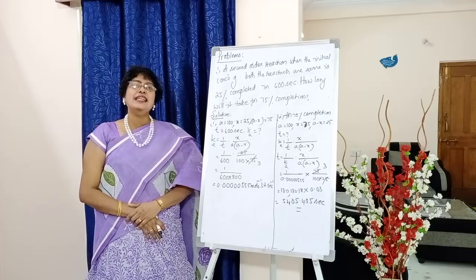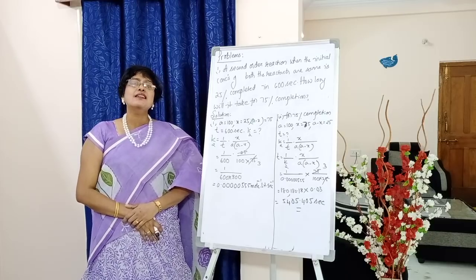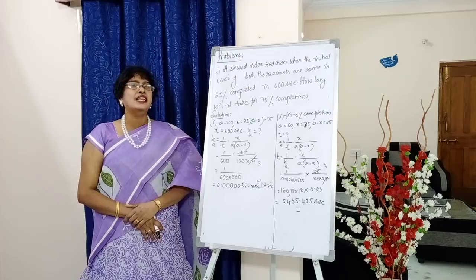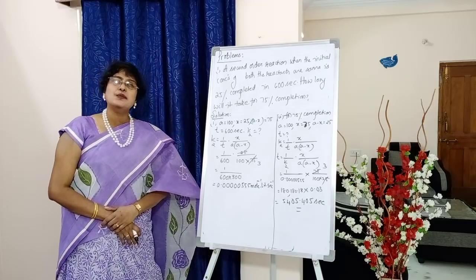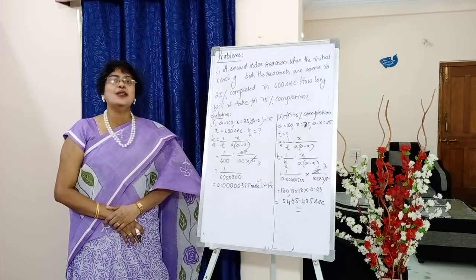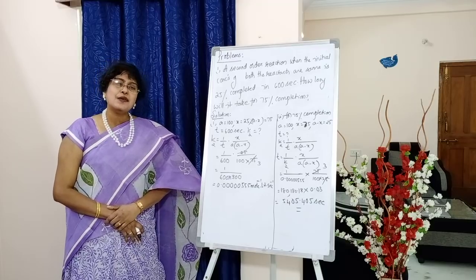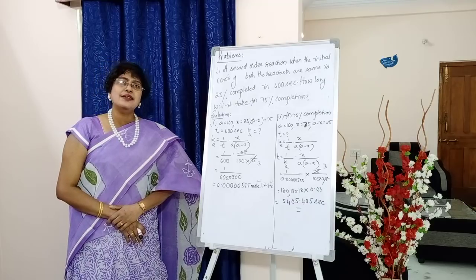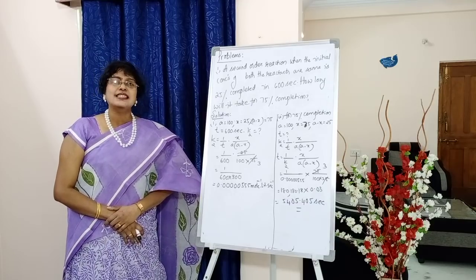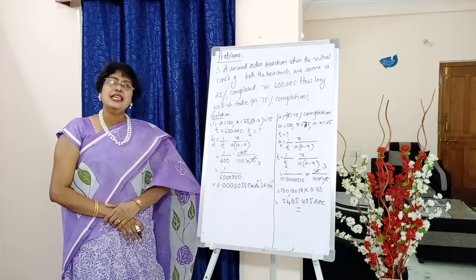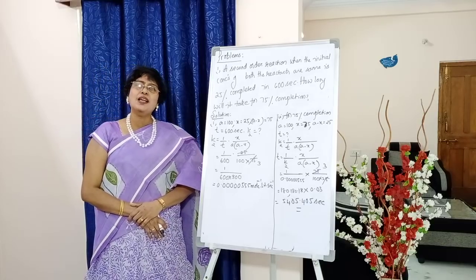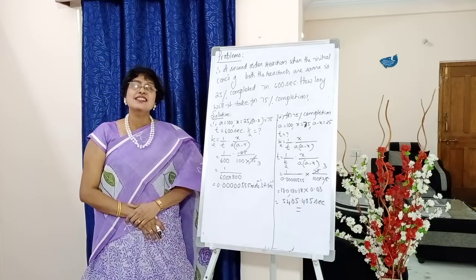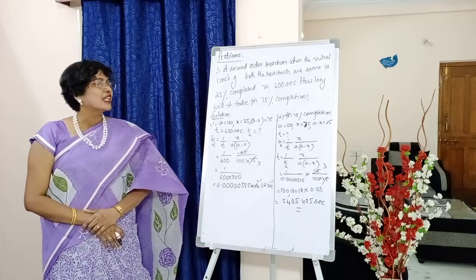Or calculate the time taken for 75% completion of the reaction. So T is to be calculated. 75% is the decomposed concentration, so which letter do we use here? X. X is 75. T is question mark. A is 100. A minus X is 25.